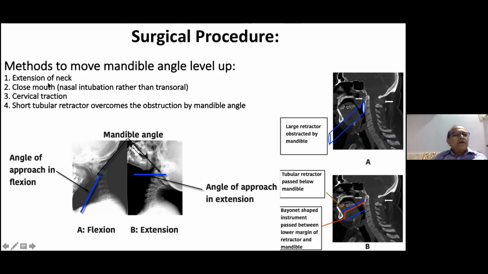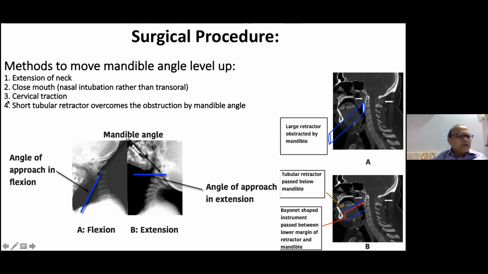And if you keep the mouth open and put in the tube through the oral route, then it goes about 1 centimeter inferior. But if you put in nasal intubation, and then you can close the mouth, a minimum of about 1 centimeter cranial displacement of the angle of mandible can be achieved.